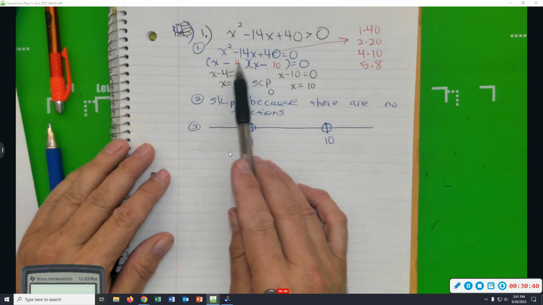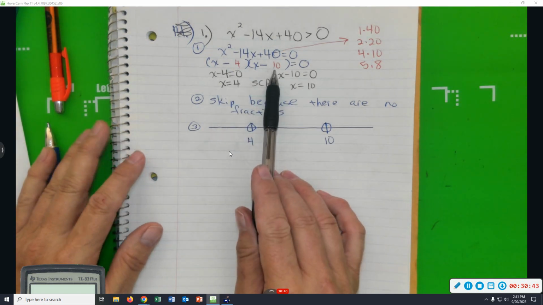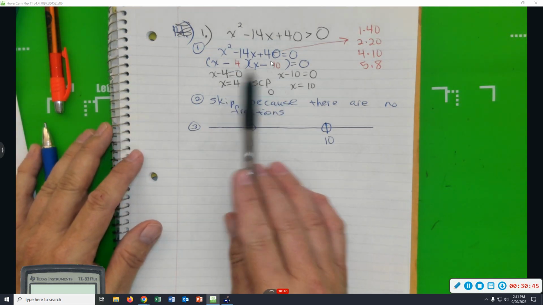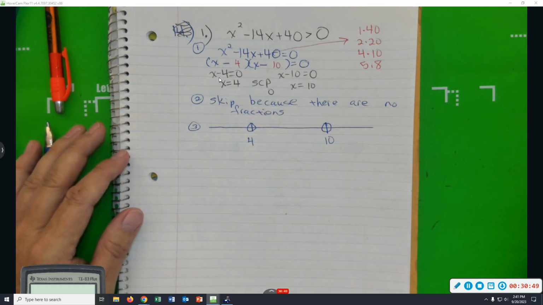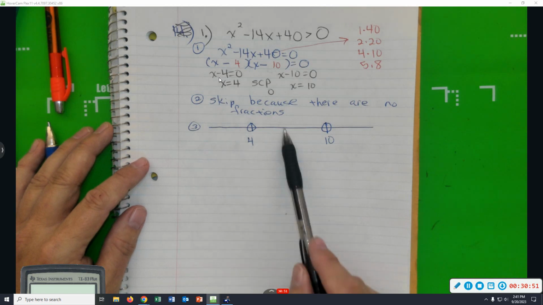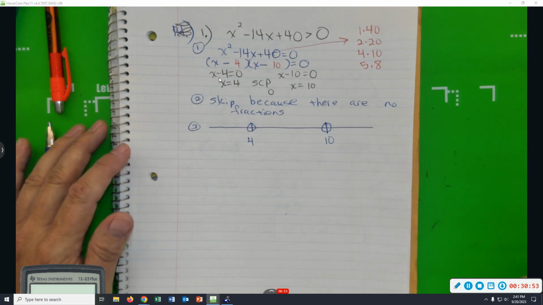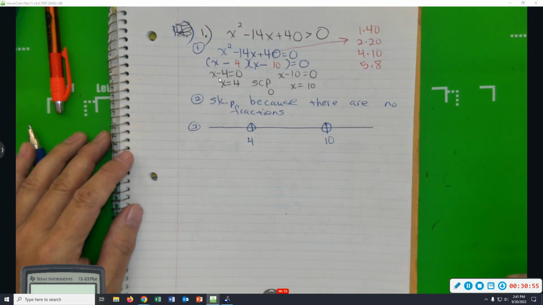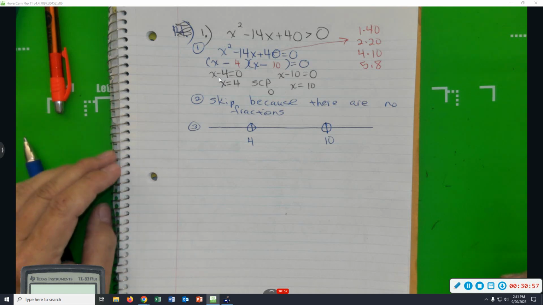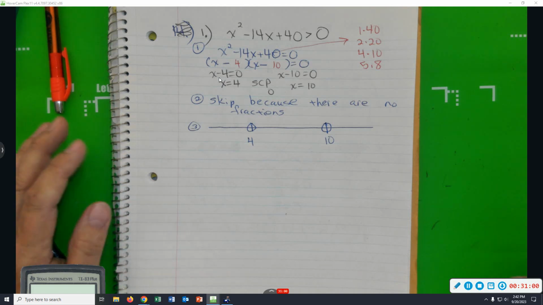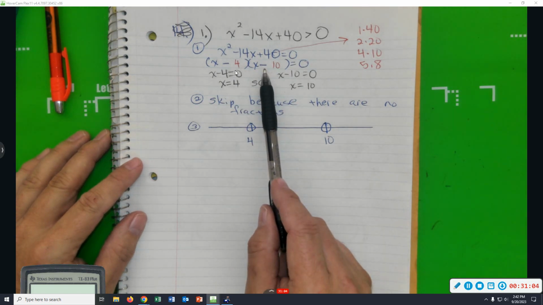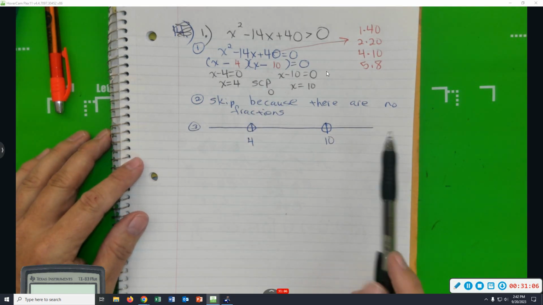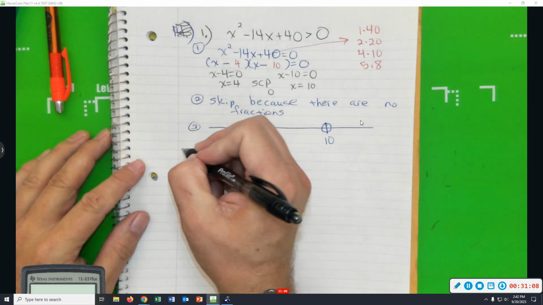When I factored this and saw that there were two distinct factors, I knew it's going to alternate. At the end of class, if we have time, I'll make up one where it's true, false, or false, true, something like that. But no repeated factors, so I'm confident this is going to alternate. I'm only going to test one interval.